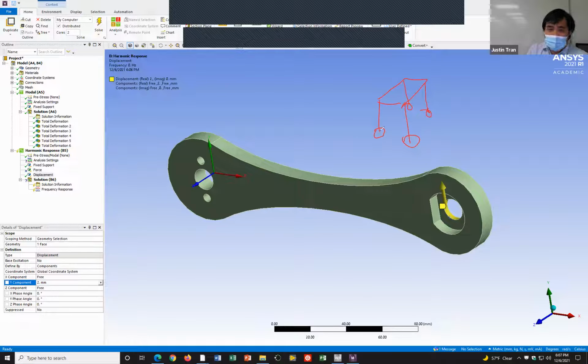The only thing I would warn you about is that if you use this method where you apply a displacement, you should measure your deformation at a different location. If I actually ran the simulation right now, it wouldn't make any sense, because we're applying an oscillatory displacement here, but we're also measuring the displacement here as well, and so we're kind of prescribing what our solution looks like.